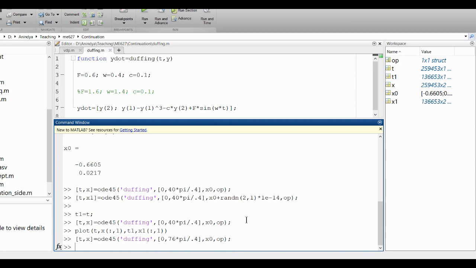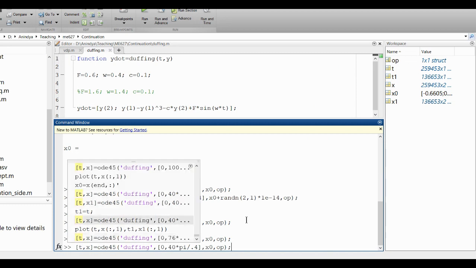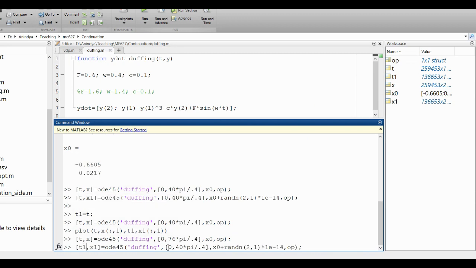It is to me very interesting. Okay, so here please notice same initial condition x0, t, x 76 periods, 38 periods, and over here t1, x1 very slightly perturbed initial condition 38 periods.